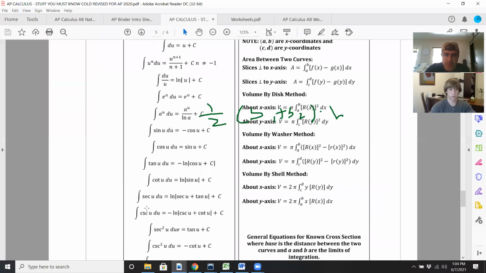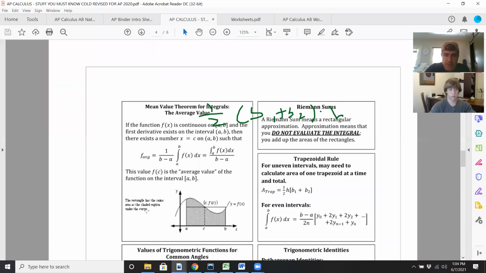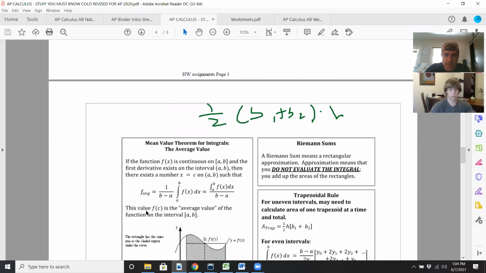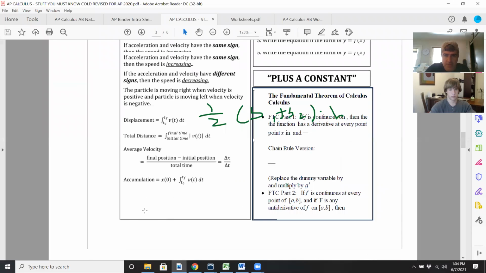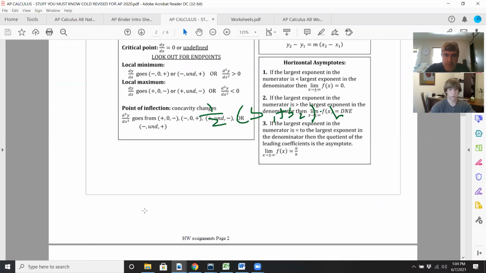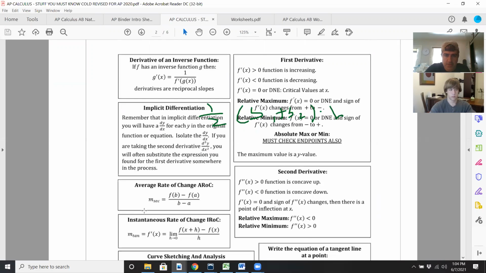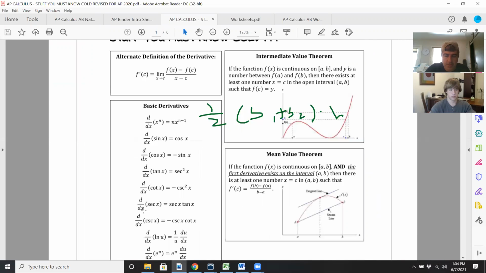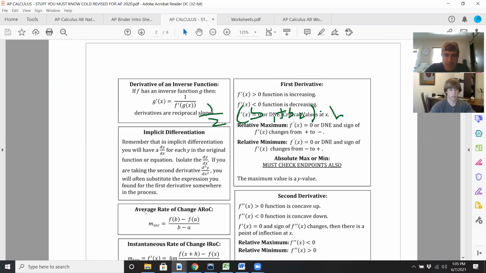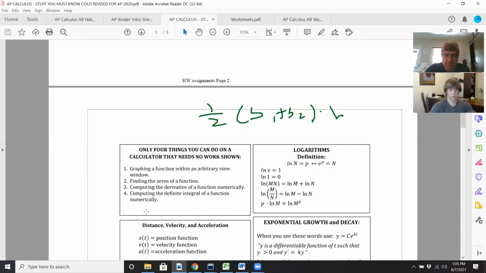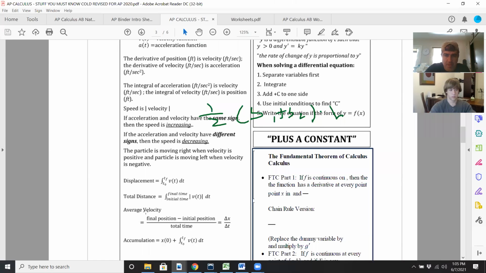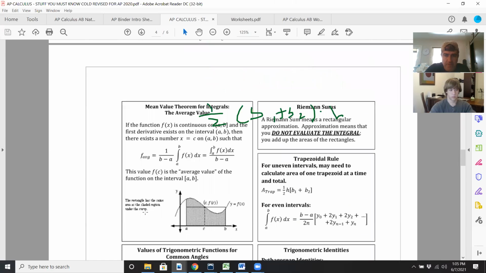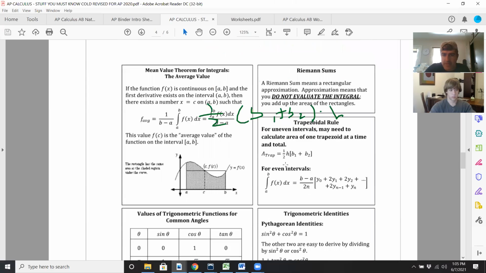I'm pretty sure there's a trapezoidal approximation. I thought for sure there would be one. They have Riemann's. Oh yeah, there it is, right there.